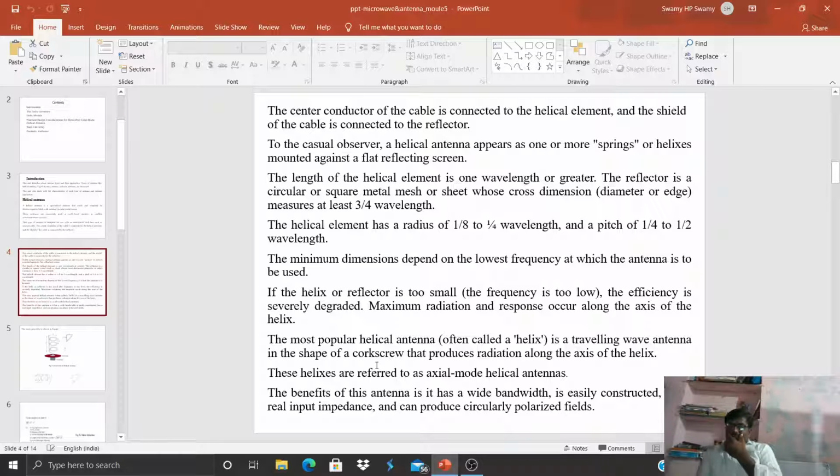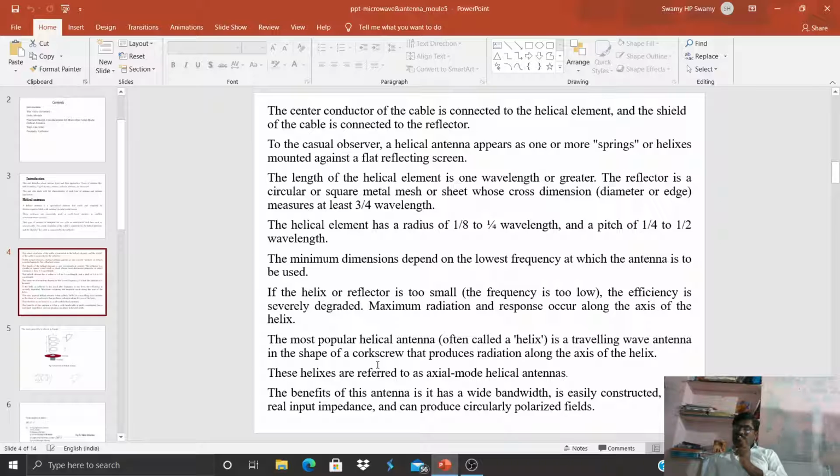The length of the helical element is one wavelength or greater. And the reflector is circular in nature or a square metal mesh or sheet whose cross-dimension measures at least 3/4 wavelength. You have two parts in a helical antenna.